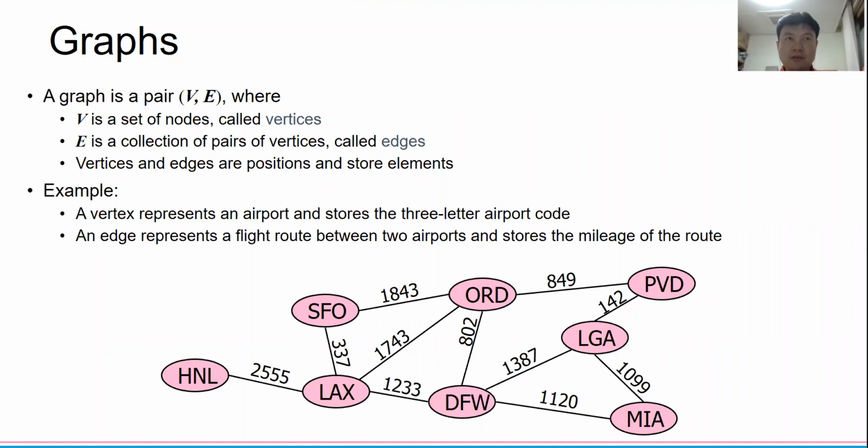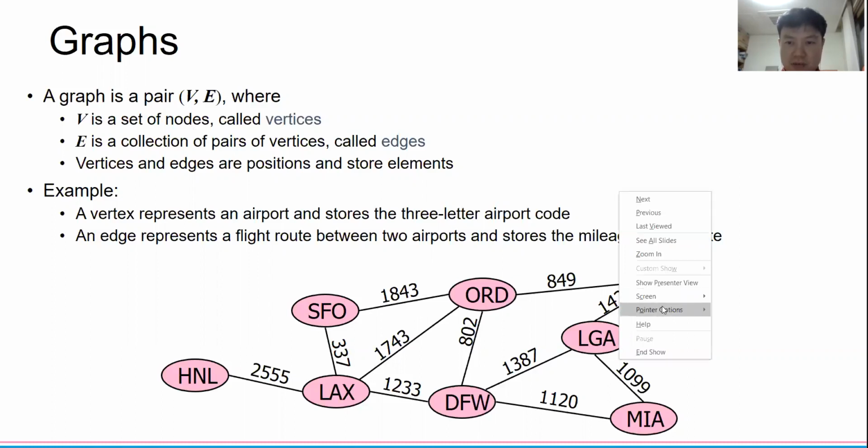In the basic concept, a graph is a pair of V and E. What is V? What is E? V is the nodes, so we call them nodes or vertices. When we deal with nodes or vertices, it means, like this one, SFO, ORD, PVD.